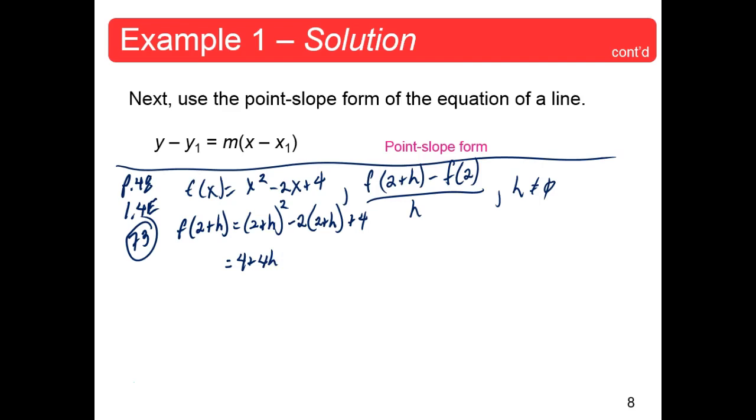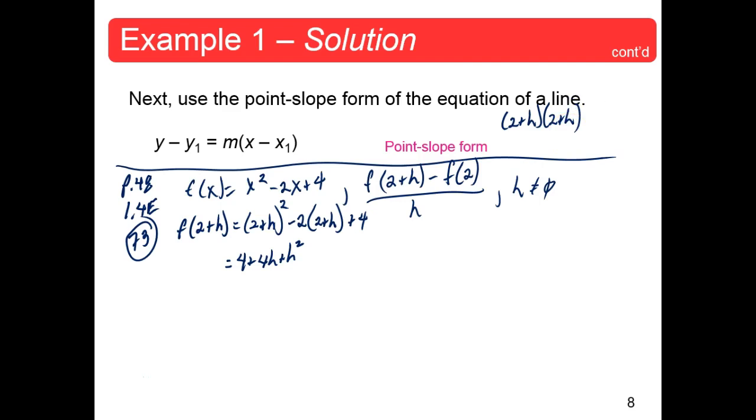Square the first, twice the product. 2h is the product, twice that would be 4h, and then square the last. Now, that's the shortcut. If you don't remember the shortcut, go off to the side here and do 2 plus h times 2 plus h and FOIL it. That's what 2 plus h squared means. And you'll get the same answer.